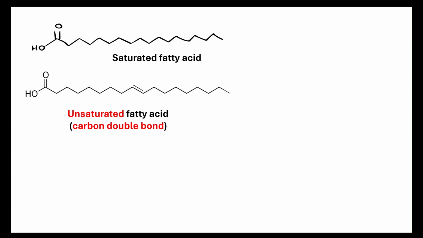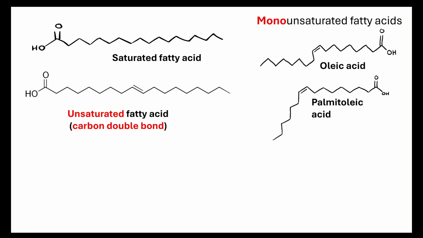So you can have a carbon double bond, and if there is one carbon double bond, we call that a monounsaturated fatty acid. So you can see quite clearly here, I have 2 different monounsaturated fatty acids. That's because they have a different number of carbons and they also have a different position in which that double bond is found. And the double bond is shown with the double lines.